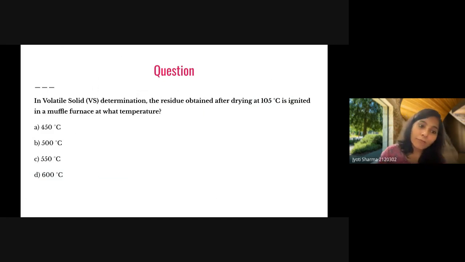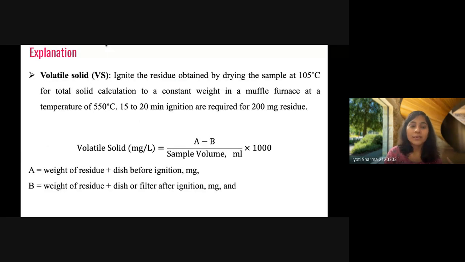So here we have volatile solid, and in that determination, the residue obtained after drying at 105 degrees Celsius is ignited in a muffle furnace at what temperature? Mithur and Venkateshwar, someone is giving me C and D answer, but C is the right one. That is 550.